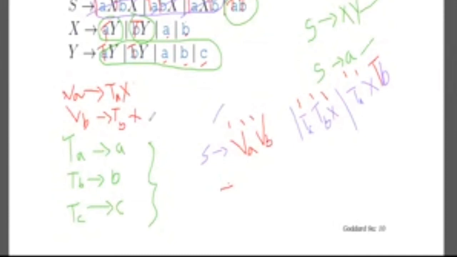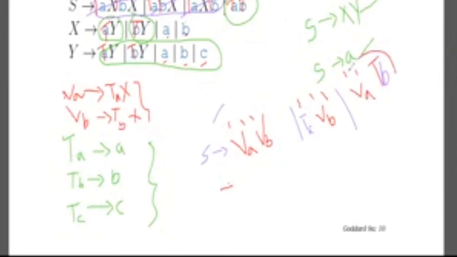So using these two productions, now what you have here, TBX can be changed to VB, and this production can be changed to VA.